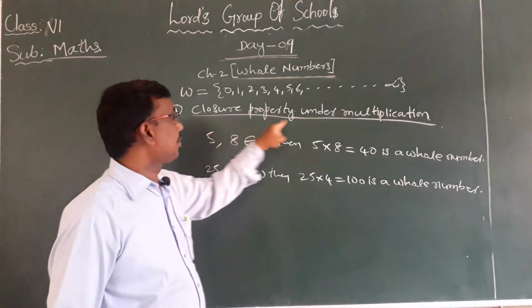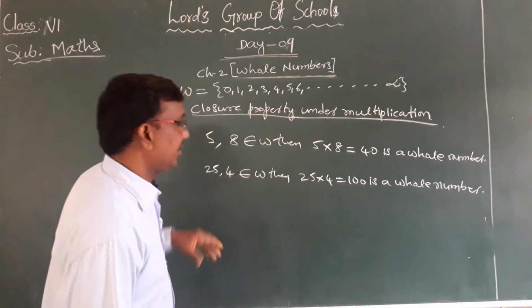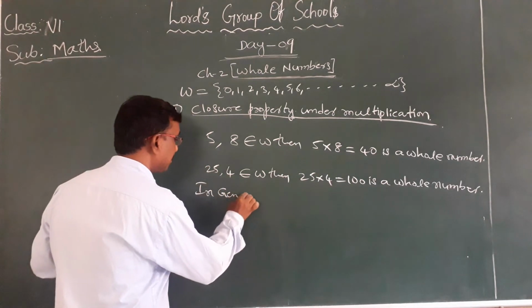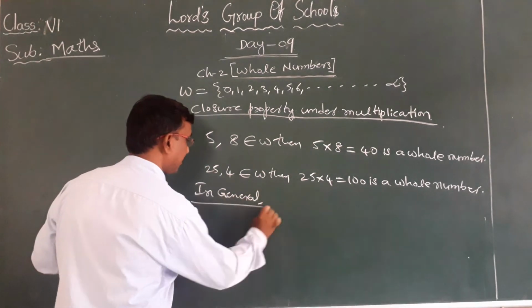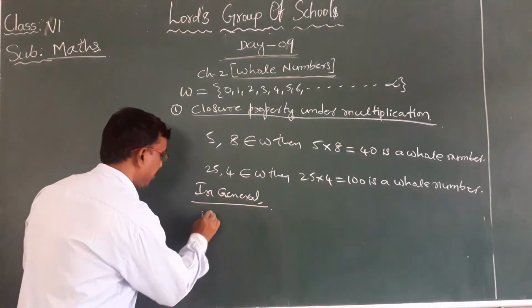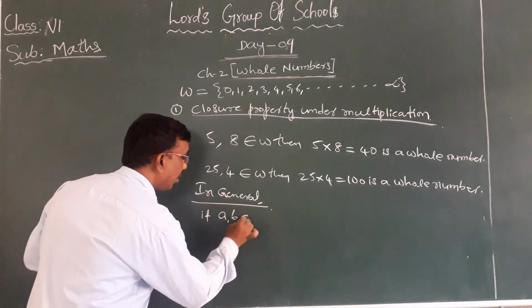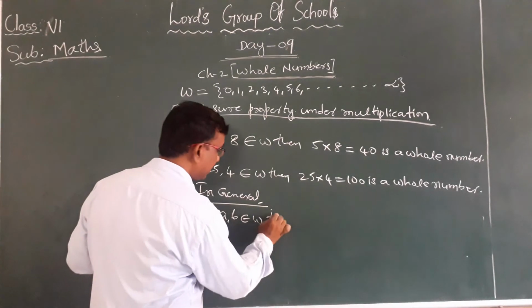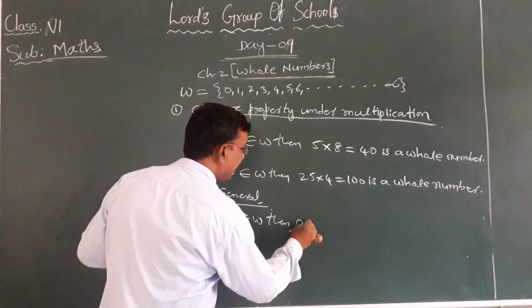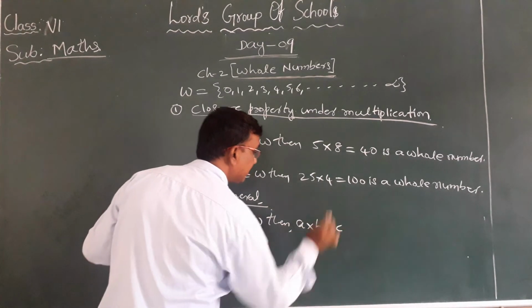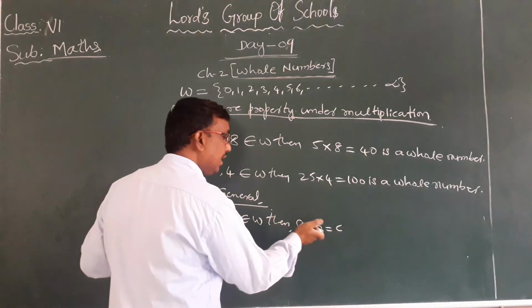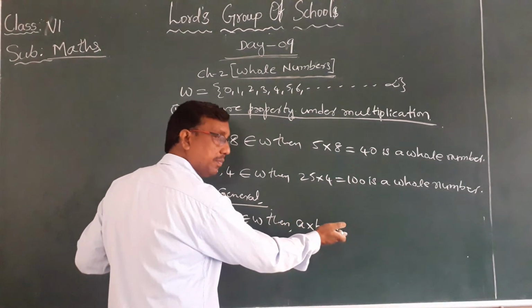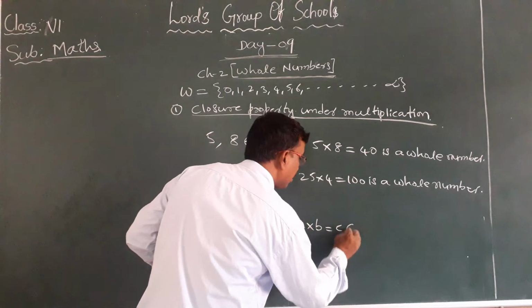This is called the closure property under multiplication. In generalization, what we can say? If A, B are any two whole numbers, then A into B is equal to C. That means when you multiply A and B, where A and B are any two whole numbers, the product will be another number, that is C, and it is also a whole number.